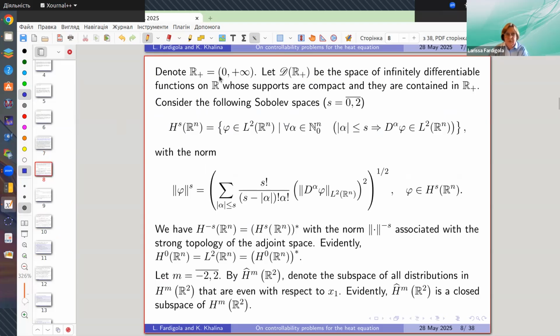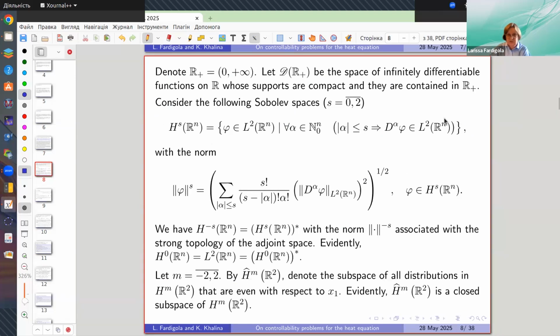Denote by R plus the set from 0 to plus infinity. G of R plus is the space of infinitely differentiable functions on R whose supports are compact and contained in R plus. Consider also the following Sobolev spaces.